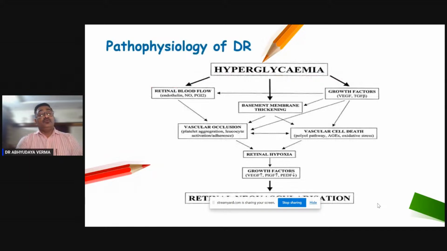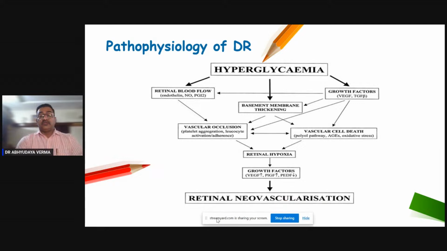So this is the whole pathophysiology. Again, I won't go into detail. There are problems with retinal blood flow, basement membrane thickening, various growth factors, retinal hypoxia, and retinal neovascularization, which leads to diabetic retinopathy.